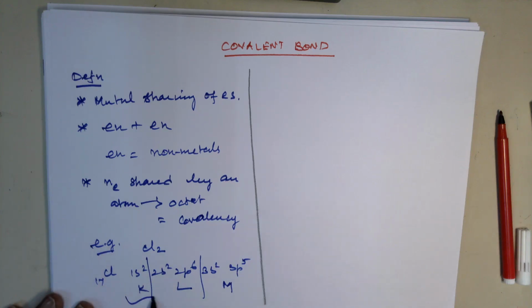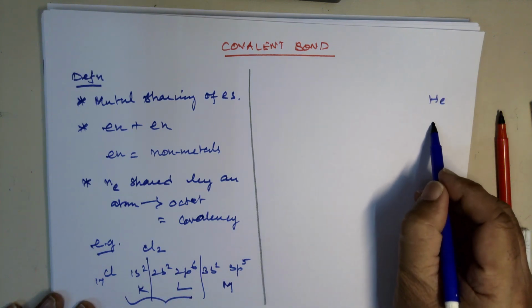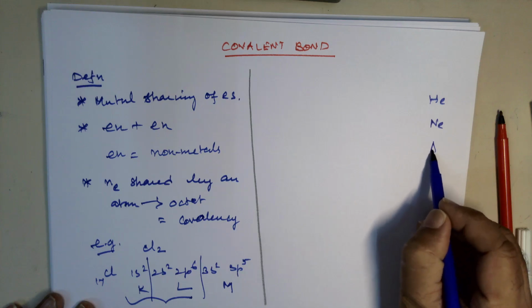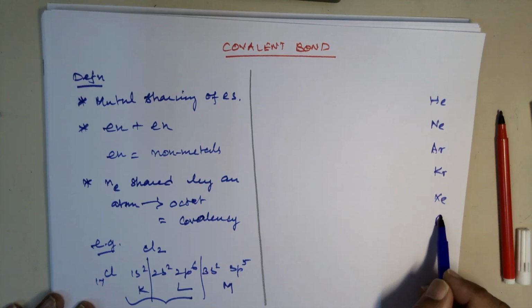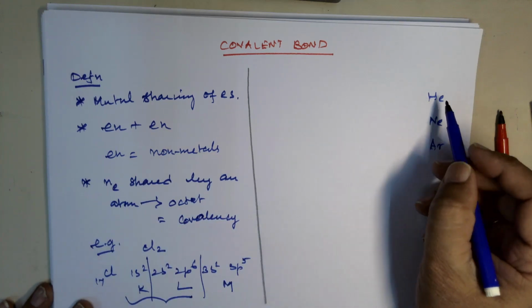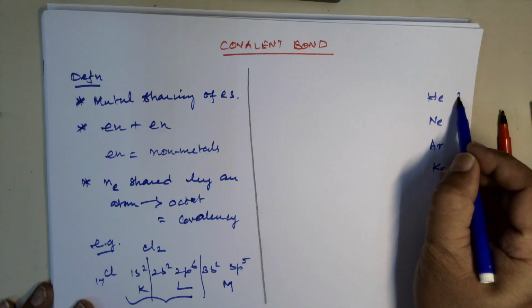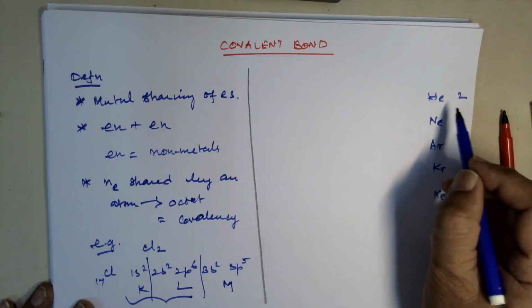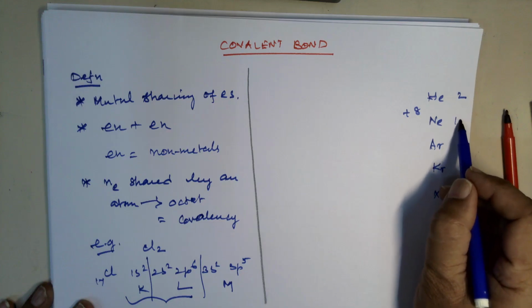So this can be simply represented as the neon configuration because we have the inert gases like helium, neon, argon, krypton, xenon, radon in the last group, called the inert gases. So what is the atomic number of helium? 2. Plus 8, you get 10.